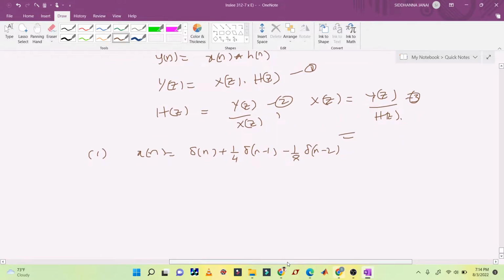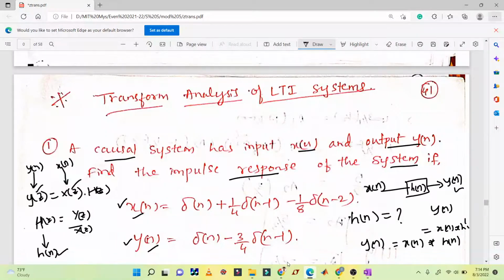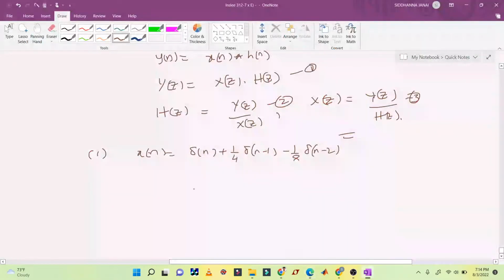Next, y of n is given as delta of n minus 3 by 4 delta of n minus 1. We need to find out h of n.